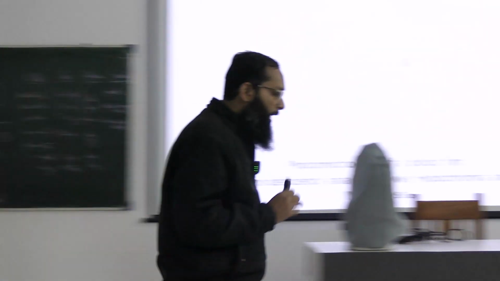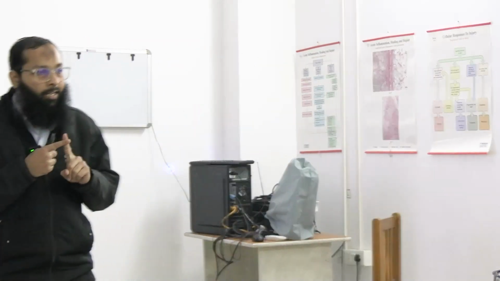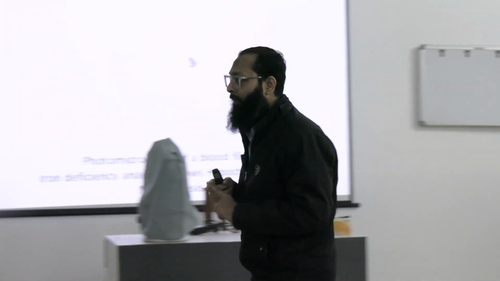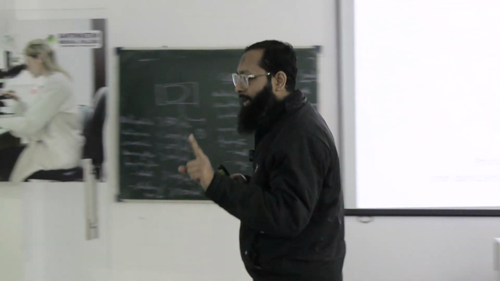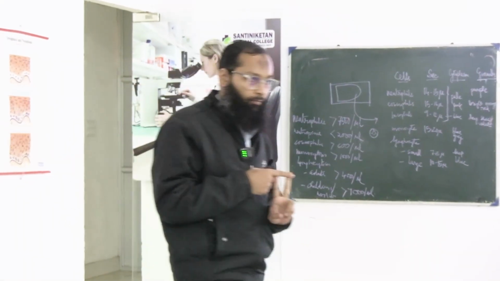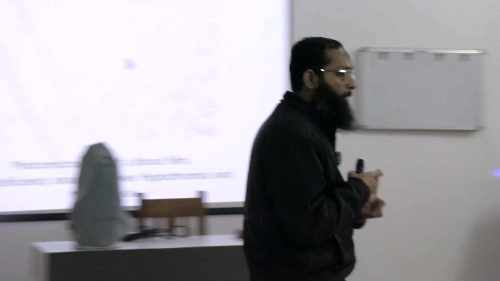Now tell me, what are the reasons of microcytic hypochromic RBCs or anemia? Anyone? Iron deficiency anemia, very good. Thalassemia, okay. You have to tell the full name: beta thalassemia trait. Beta thalassemia trait leads to microcytic hypochromic RBCs or microcytic hypochromic anemia. Any other causes?